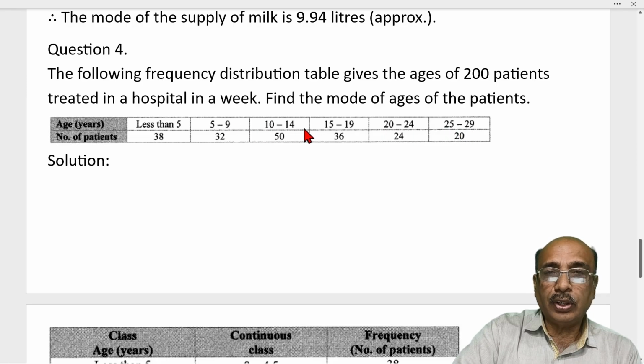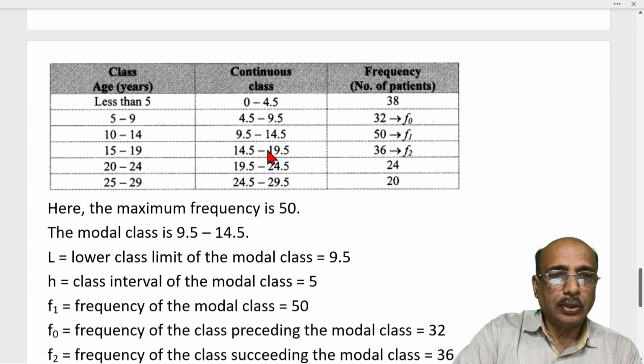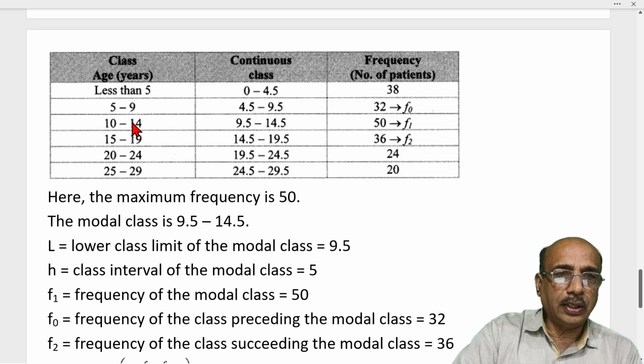Here it is not a continuous class, so we have to make the classes continuous first. The number of patients is given as frequencies.